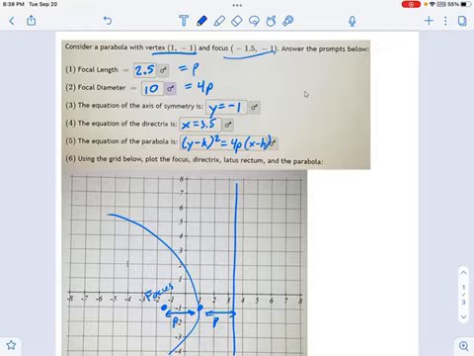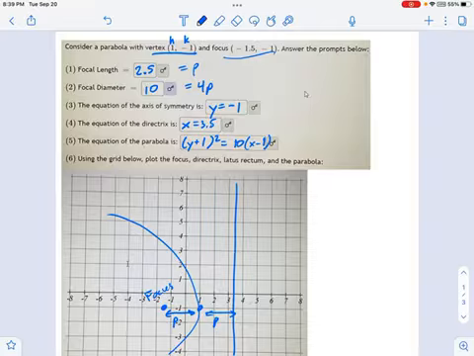We know what h and k are, right? There's h, there's k from your vertex. Well, h is 1, so I can replace x - h with x - 1. And k is -1, so I'm going to replace -k with positive 1 right here. Don't forget that sign flip. And then the last bit is the focal diameter, which is 4p, that's 10. So we're going to replace 4p with 10.